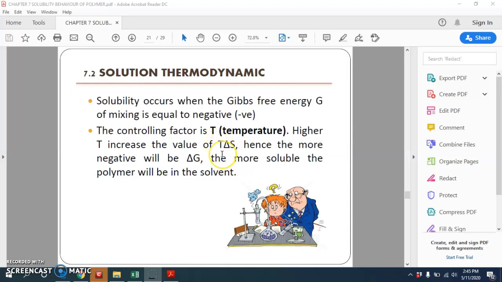And the TΔS, or temperature times the entropy of mixing, is always positive because there is an increase in entropy on mixing. So the sign of ΔG depends on the magnitude of ΔH. And heat of mixing is always positive.